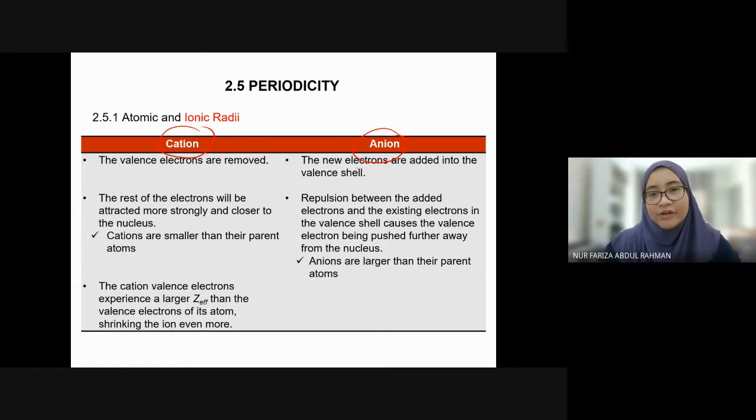For the anion, the atom accepts electrons. So the new electrons are added into the valence shell. Logically speaking, cation and anion, which one will have larger size, guys? Is it cation or anion?